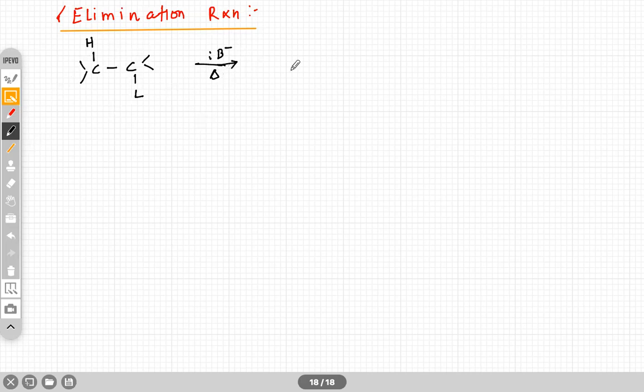It converts into C double bond C, an alkene, plus we get HB, and the leaving group goes out as L minus. This is the overall reaction.